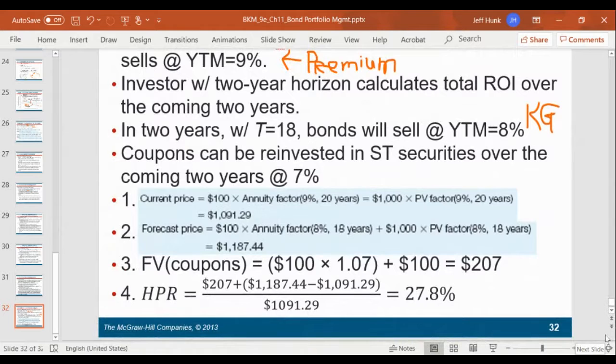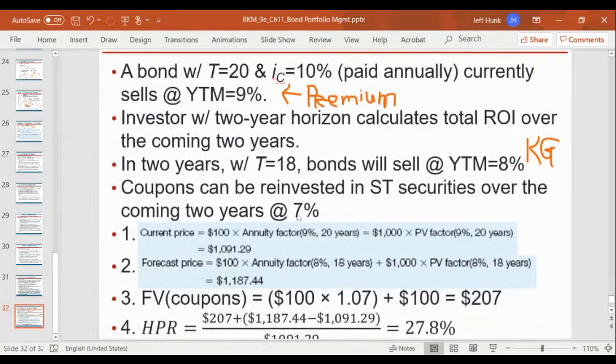Okay, all you need to do is plug the current price into the annuity formula. They don't show you the full math, but you can do this.